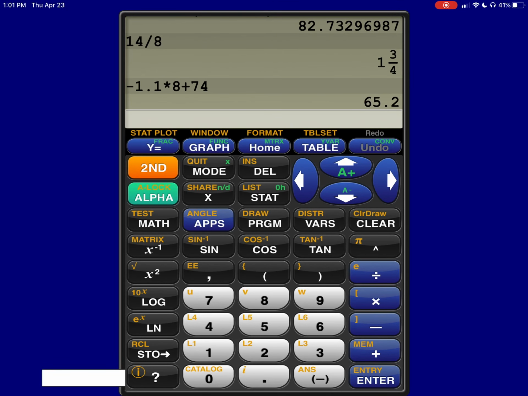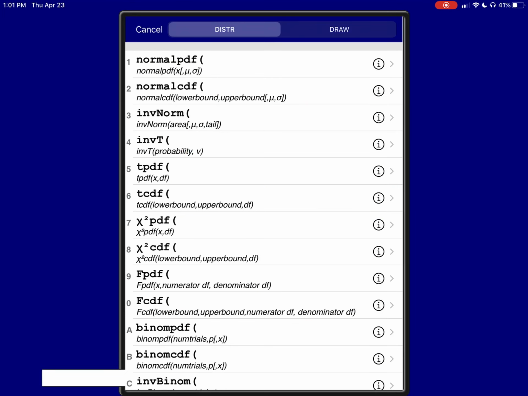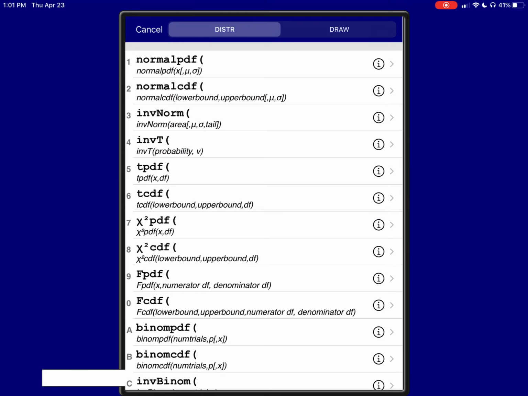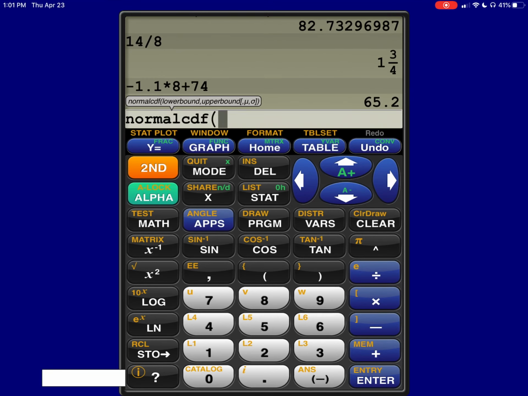So again, second vars, normal CDF. We're going to start at 0. We want to know the probability that they got 1200 or less. From 0 to 1200, and the mean was 1100, and the standard deviation was 150.